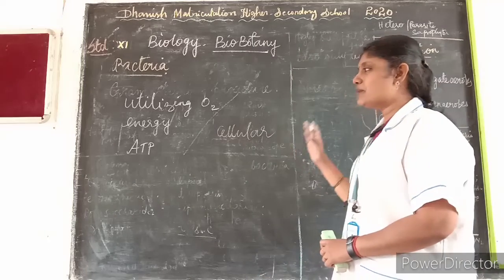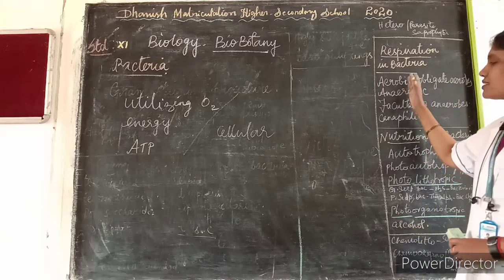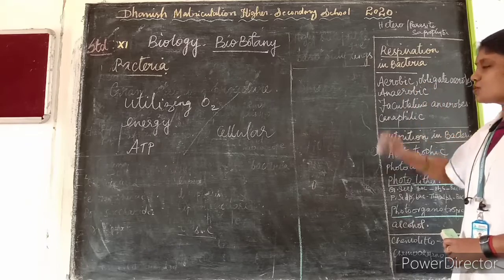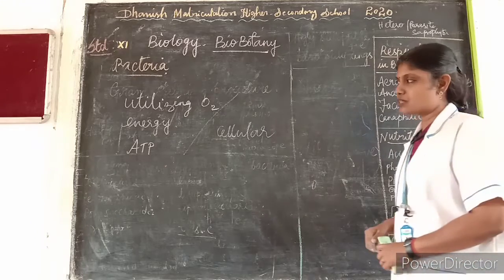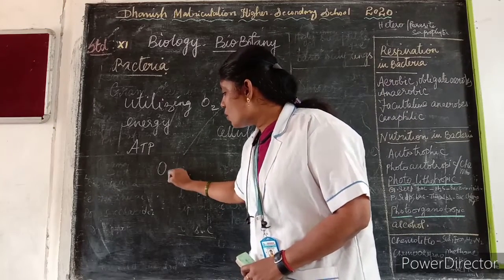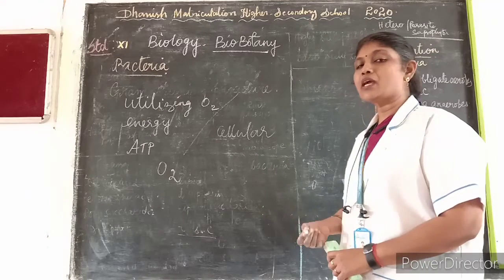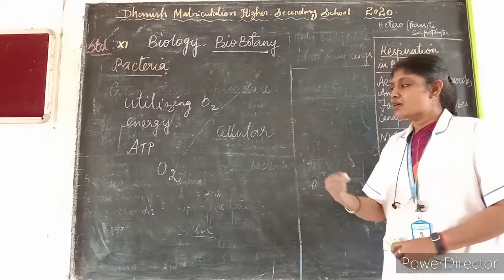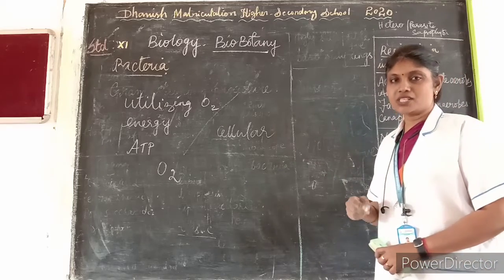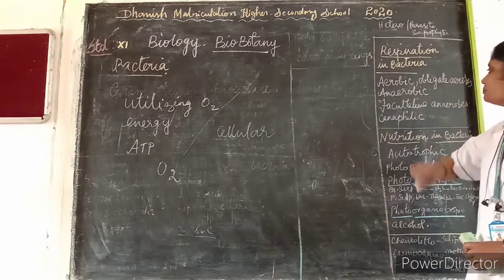Bacteria, being unicellular organisms, show these types of respiration. What are the types? Aerobic respiration. What is aerobic respiration? When it utilizes only oxygen for its survival, they are called aerobic bacteria.